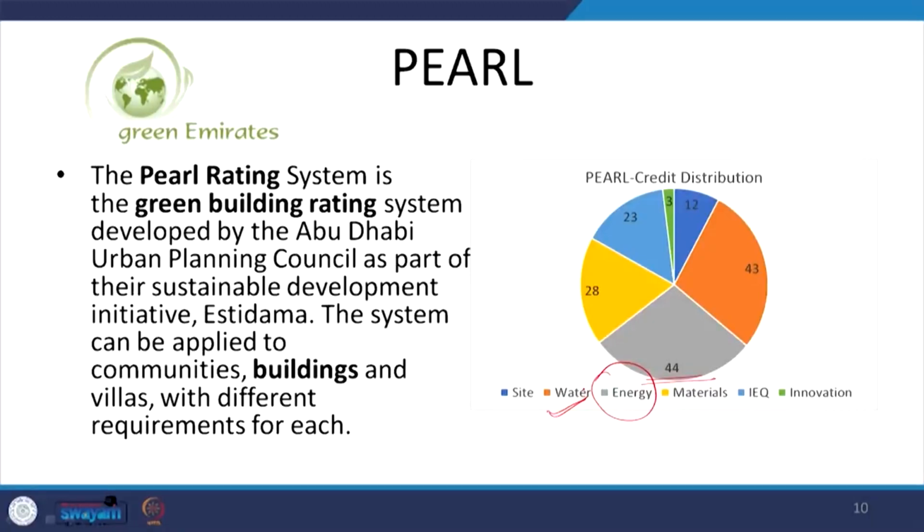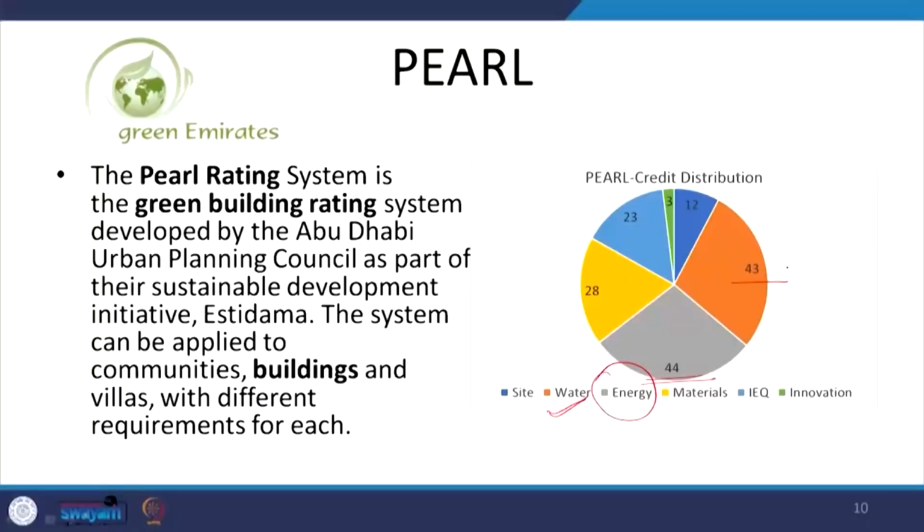So, very high emphasis is placed on water. So far we have seen that no other rating program has placed as much importance on water as this particular program, and this is quite high.